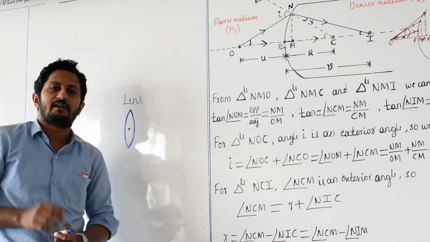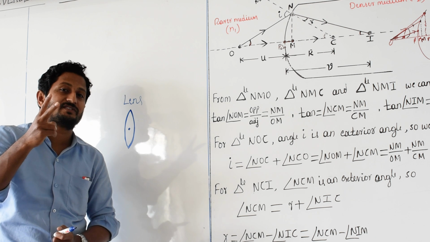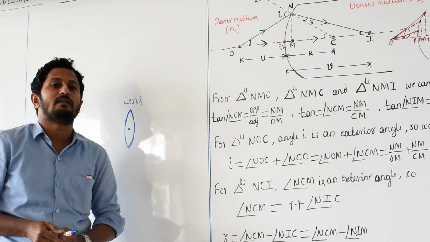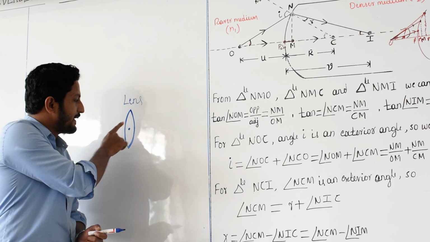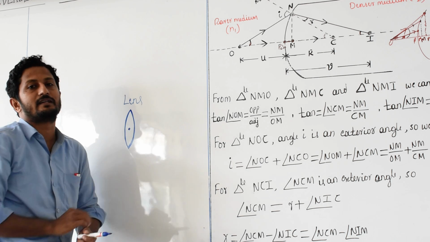Actually, already I said a lens is bounded by two surfaces, of which at least one should be spherical. Here in this one, this lens is made by two surfaces, this side and this side. Both are spherical here.